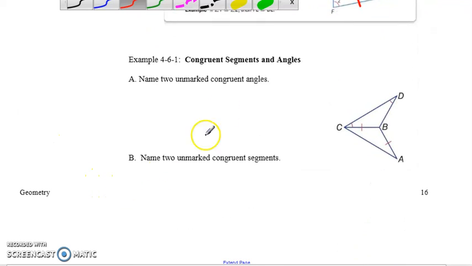All right, so let's go ahead and name two unmarked congruent angles here.